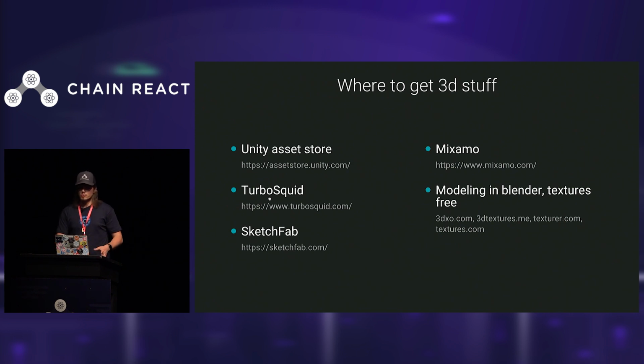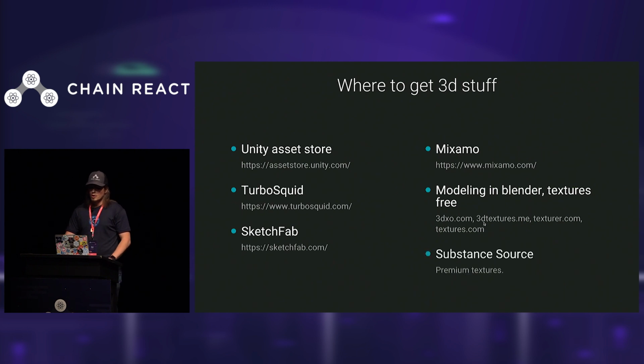These textures you can get from various websites I wrote here, like Substance Source, another cool program for painting in 3D. It has Substance Painter, but you can get textures from Substance Source, which is like a library of premium textures.